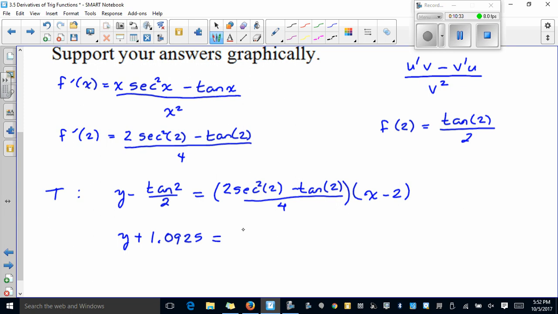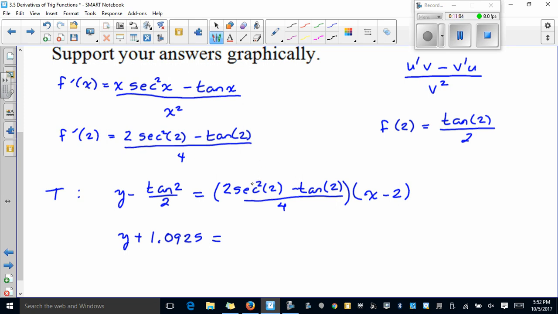Now, we have a secant squared, so you got to use that reciprocal idea, that secant is the reciprocal of cosine. So we have to look at it that way. So I'm going to do the cosine at 2 first. So cosine at 2 gives me this nice little negative number, but we want it squared because it's squared, which gives me a nice positive number.